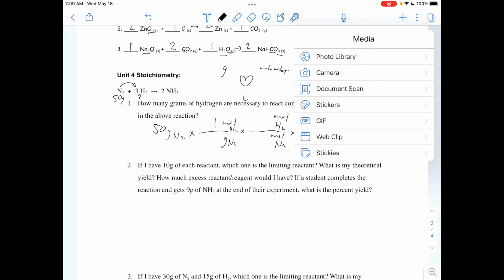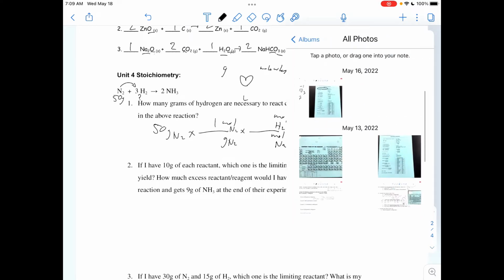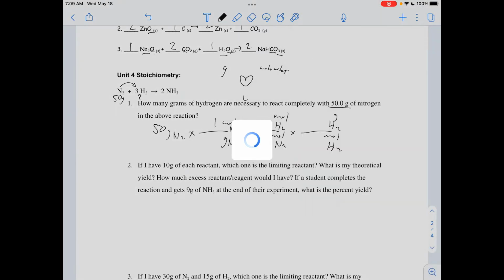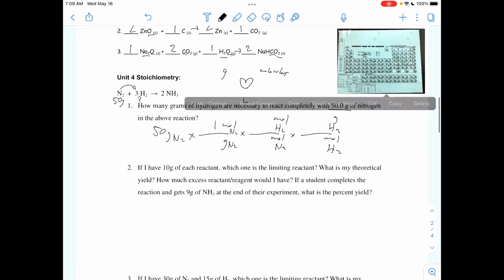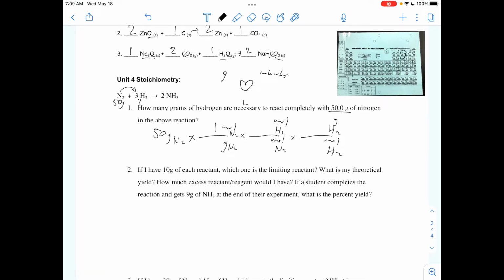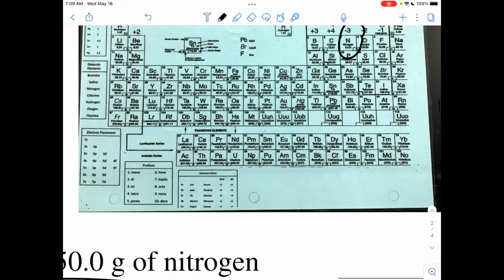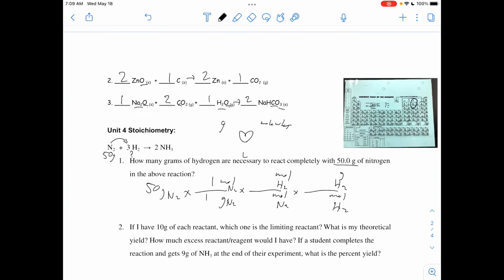If I look at my periodic table, put it up here, nitrogen is right here. It's 14. Hydrogen is 1, but there's 2 of them. For a molar mass, the moles is always going to be 1.